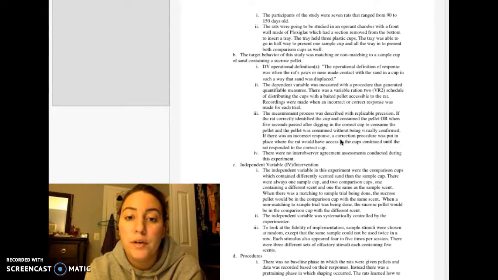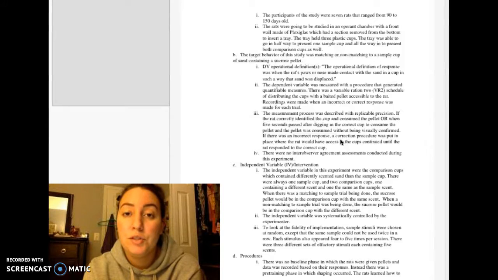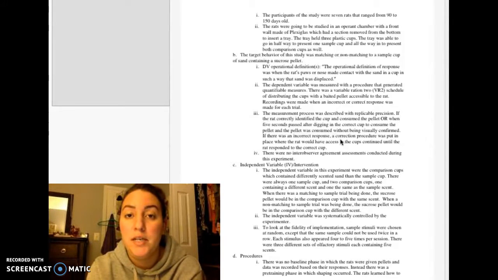The cups were distributed to the rats first in a baseline kind of way. I wouldn't say it's exactly baseline, but it was shaping. So the rats were given first just an empty cup with the sucrose pellet in it.